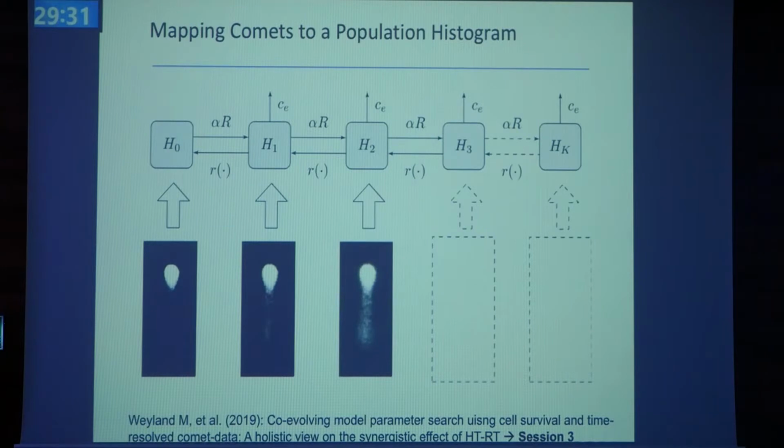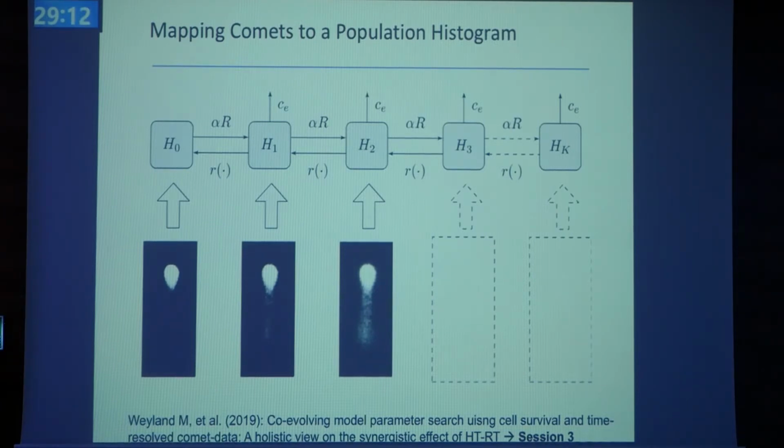So actually, I would like to make some publicity for Matthias Weiland. He has a talk even at this Congress. What he tried is to assign comets to the population in the multi-hit repair model.